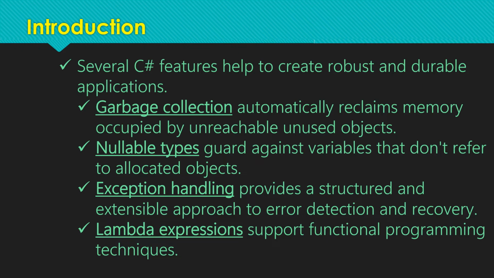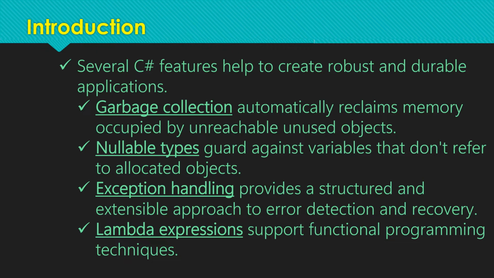Several C# features help you to create robust and durable applications, like garbage collection. Garbage collection basically automatically reclaims memory occupied by unreachable unused objects. Nullable type guards against variables that don't refer to allocated objects. Exception handling basically provides a structured and extensible approach to error detection and recovery.